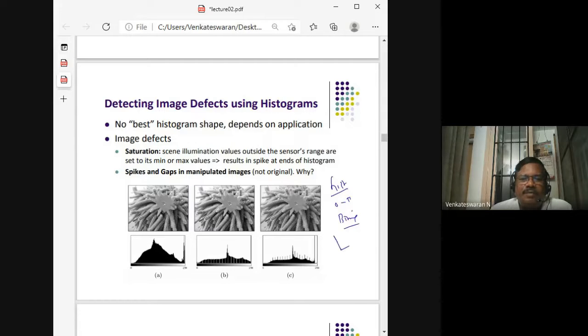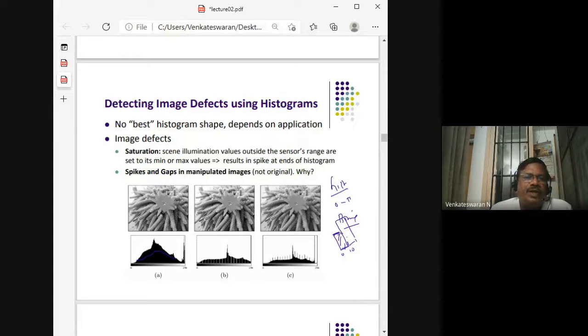Collect pixels corresponding to certain intensities, for example 0 to 10 in one bin, and find the number. Put that value there, and between 0 and 10 you get this height of the histogram. Again 10 to 20 will be one more bin. You collect the number of pixels in it, then another. You keep constructing like this and you will get a histogram like this.